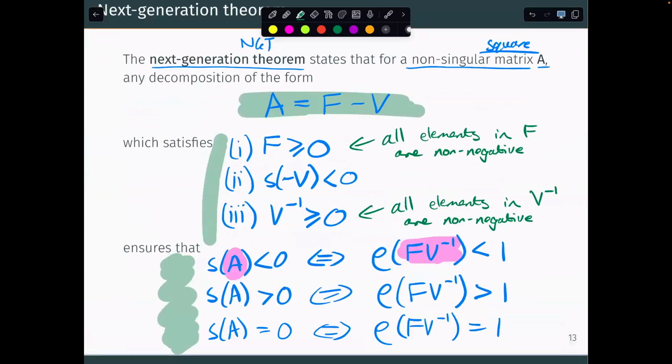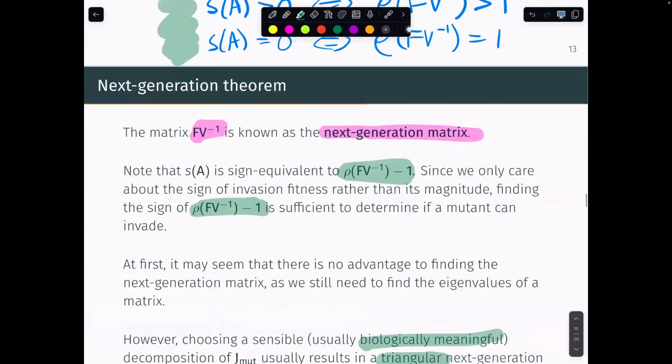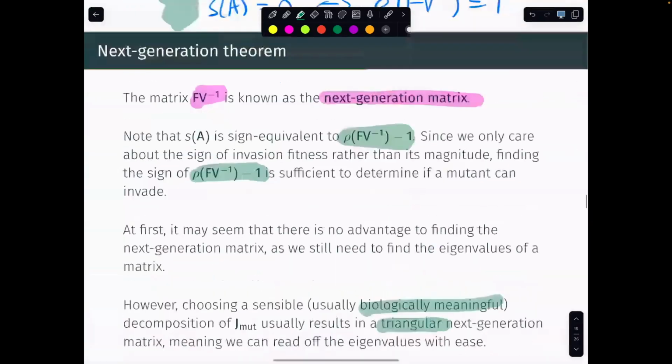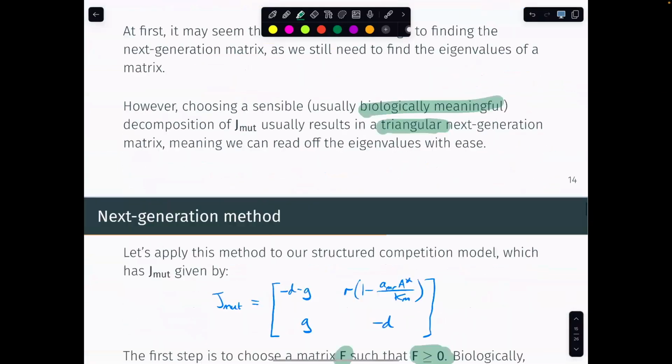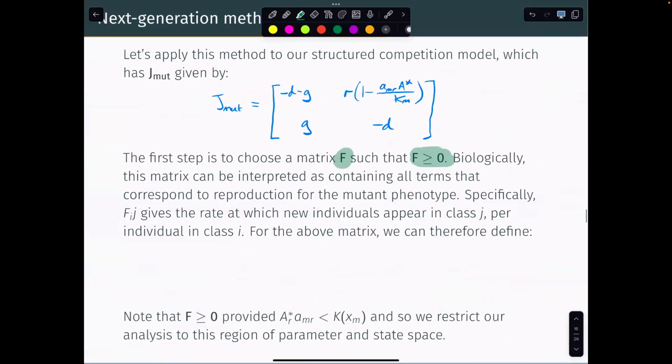We're going to check that they're satisfied, and we need to think about what exactly it means, because there are many different ways in which one could make this decomposition, okay? Well, let's choose a biologically meaningful decomposition, and then those criteria are automatically satisfied. It also means that your next generation matrix tells you something meaningful as well.